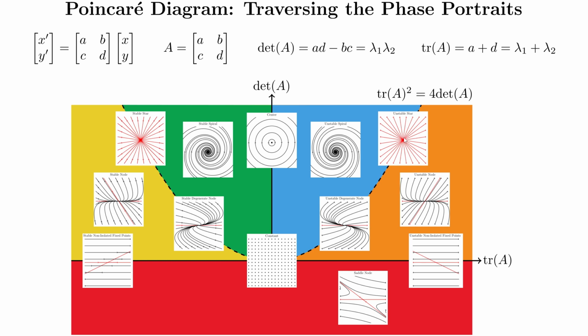And then as well, if the eigenvalues are one positive, one negative, meaning you're a saddle, that's going to show up in the determinant being negative, so the whole bottom half here is saddles. And then separating the saddles from everything else are the stable non-isolated fixed points, because you have a 0 eigenvalue and either a negative eigenvalue or a positive one, and then you flip to one positive eigenvalue, one negative eigenvalue, and you get into the saddle region.